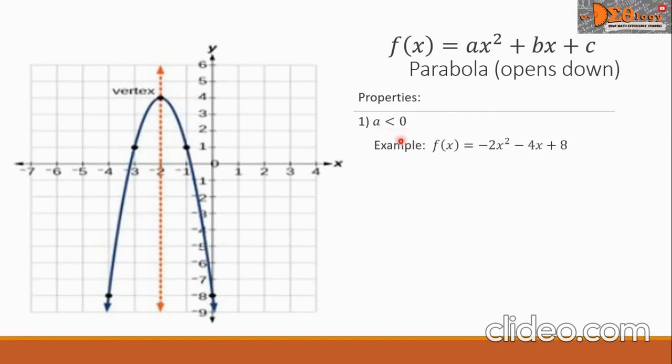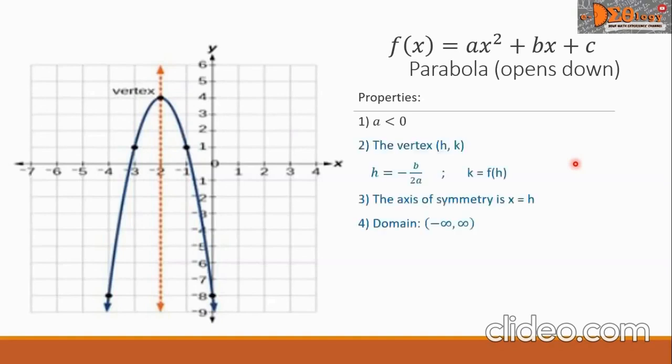A while ago, we had an example f of x equals negative 2x squared minus 4x plus 8. We can see here that the value A, the coefficient of x squared, is negative 2. We can say immediately that the graph of this function is a parabola that opens downward.